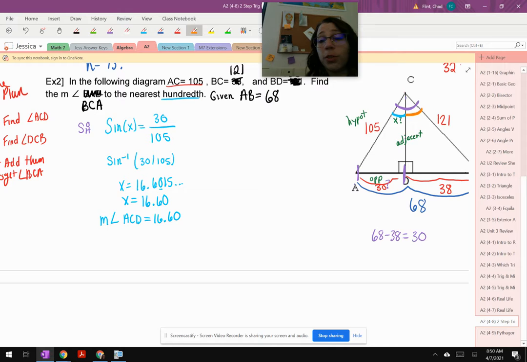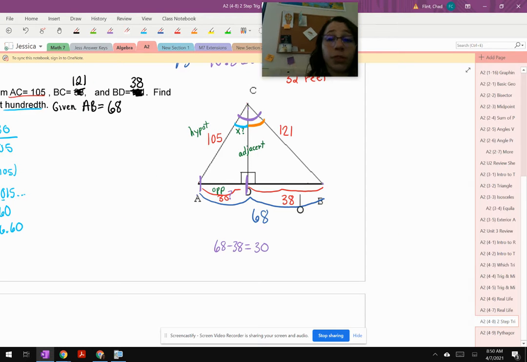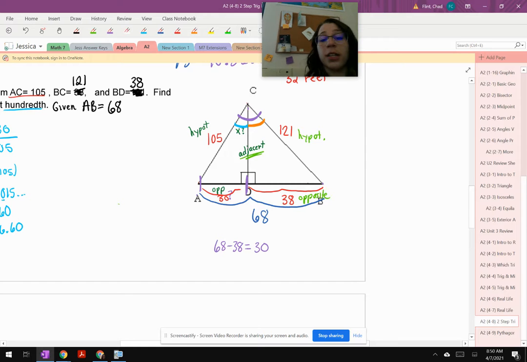Next, we need to find the orange angle. So going back to the orange over here and relabeling that new triangle from the orange angle, 121 is my hypotenuse. This is still my opposite side, and my adjacent does stay the same, so I can just keep that.